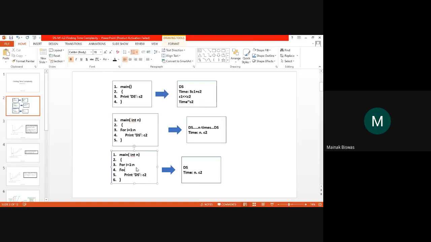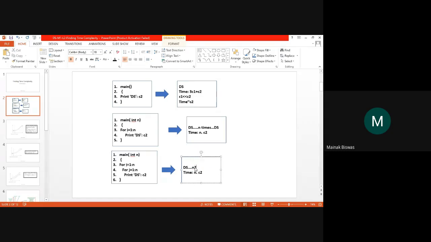For j equal to 1 till n. Now you see how many times this program will run? For each i, it will run n times. So for each i it means n, plus n, for n times. So it will be around n square time.